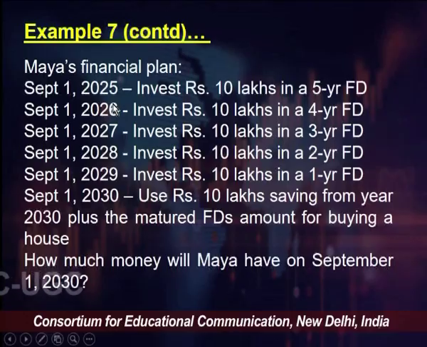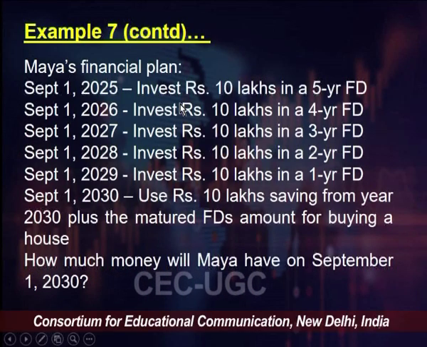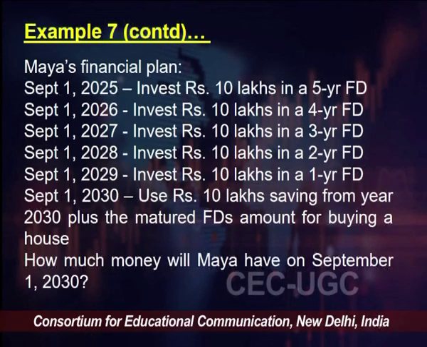So, she is going to every year put 10 lakhs in a fixed deposit, and let us suppose the interest rate for the fixed deposit is 7% per year, it does not change. So, Maya's financial plan is as follows: on September 1st, 2025, she will put 10 lakhs in a 5-year fixed deposit. Remember that interest rate is 7% throughout.